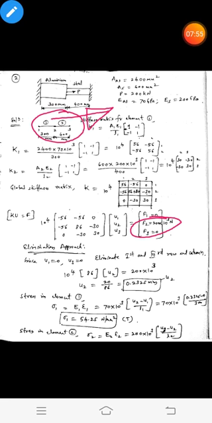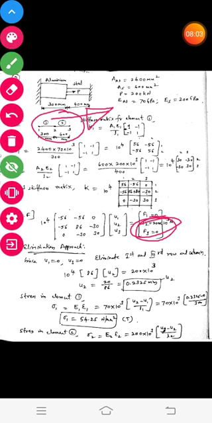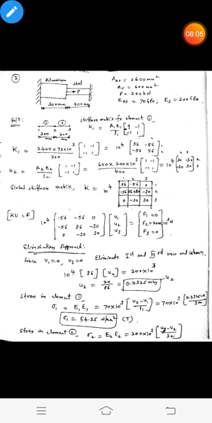Since in this case the direction of load is in the same direction of element numbering, we will take positive, that is plus 200 into 10 raised to 3. Now once we get the global equilibrium equation, there are three equations to be solved for U1, U2 and U3.